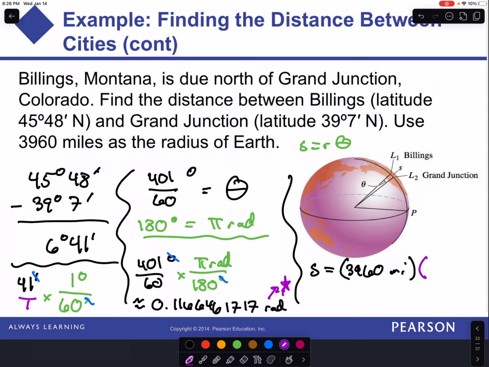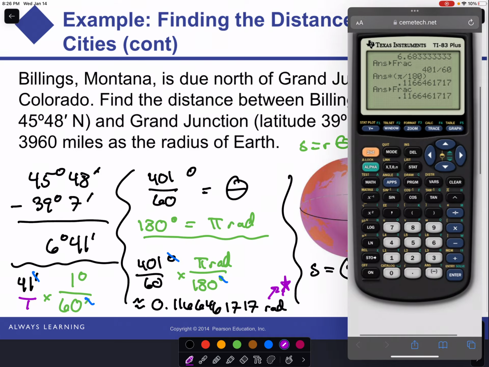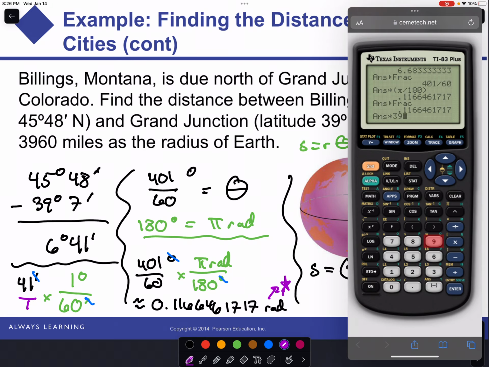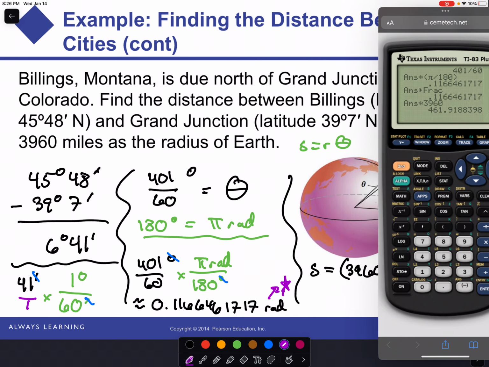So times star. Okay. So we want to take that answer and multiply it by 3960. And we get 461.92 miles.